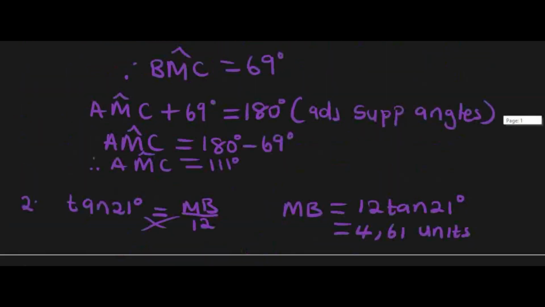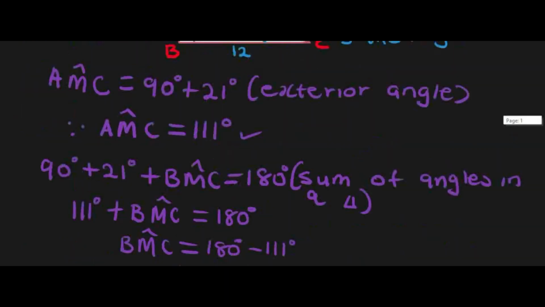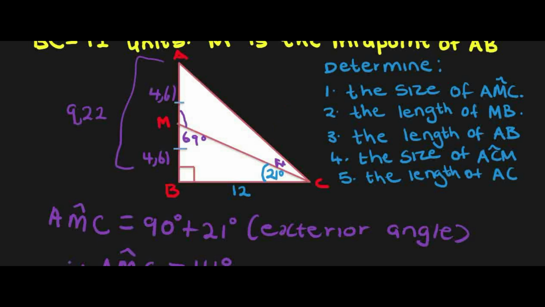And now let us go back to our diagram. Right, so now we know that this whole angle is 37,54 degrees. But we need angle ACM. How are we going to do that?